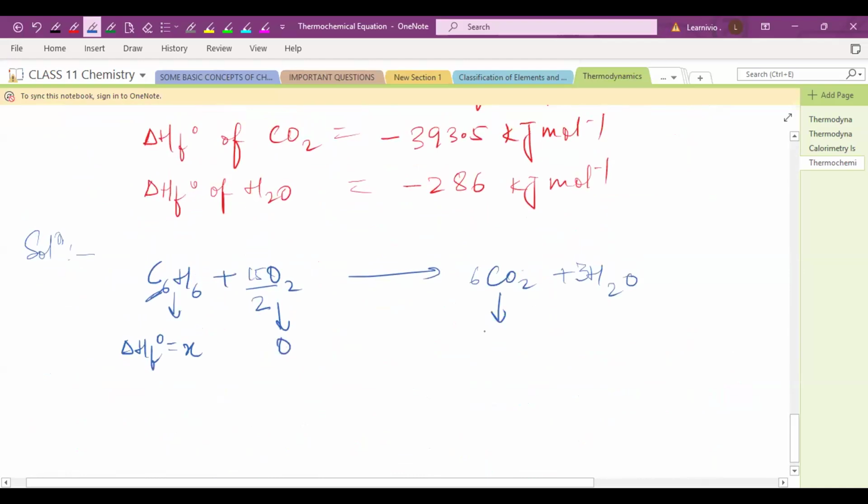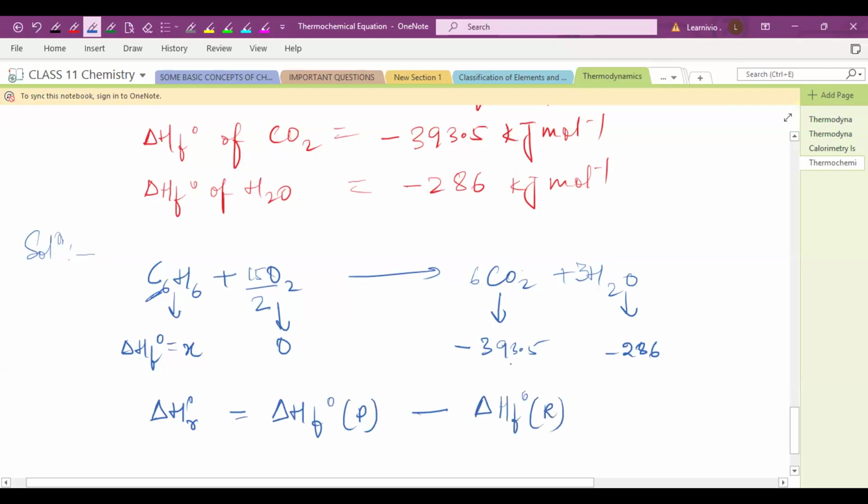And carbon dioxide, it's given minus 393.5, and water, it's again given. Okay, now we know the formula delta H naught R of the reaction. This is for the whole reaction is delta HF naught of product minus delta HF naught of reactant. Now this is the product. Okay, you have to add up these two, and this is the reactant.